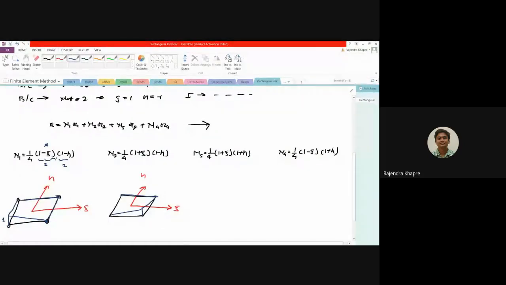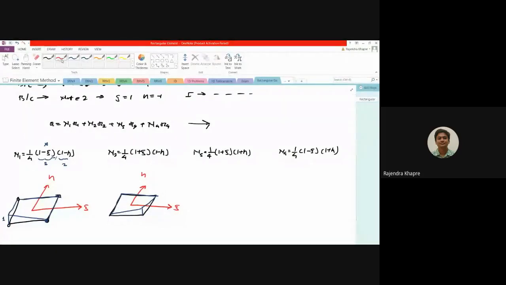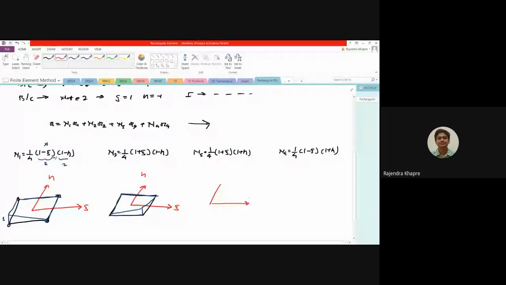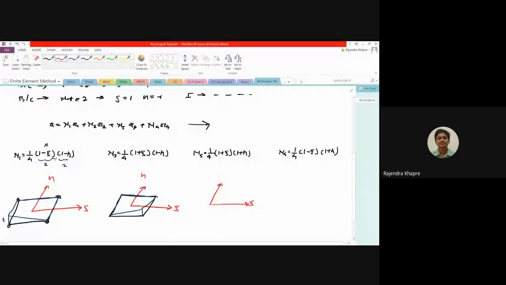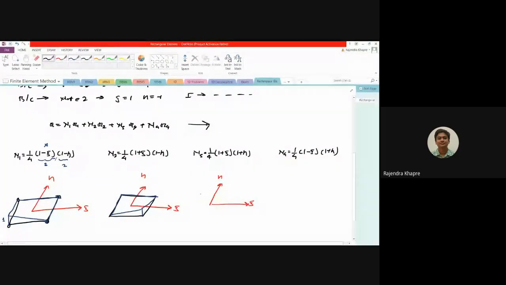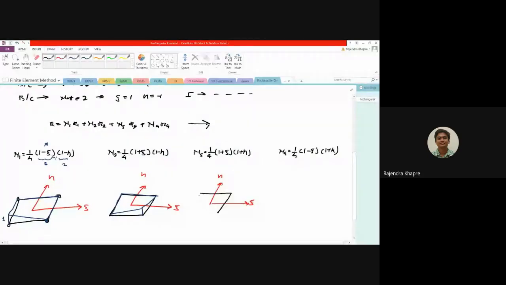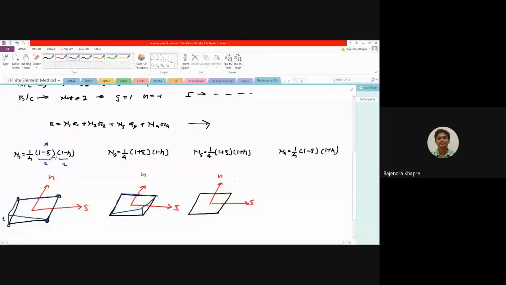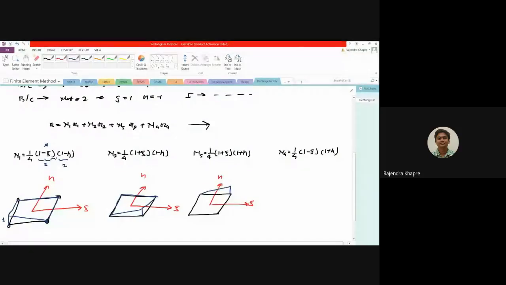So your plane will look like this, right? On similar lines, we can have the variation of n3 also. This will be xi, this will be eta, and the values will be something like this. This will be your element, and the n3 value at node 3 will be 1, but at other nodes it will be 0. So it will look like this.